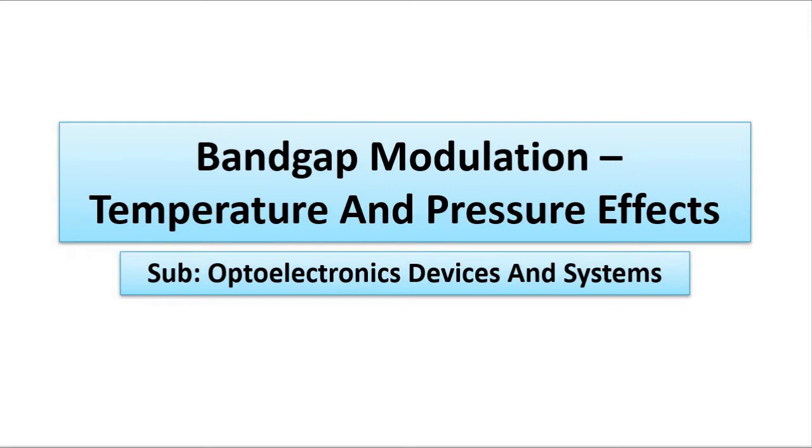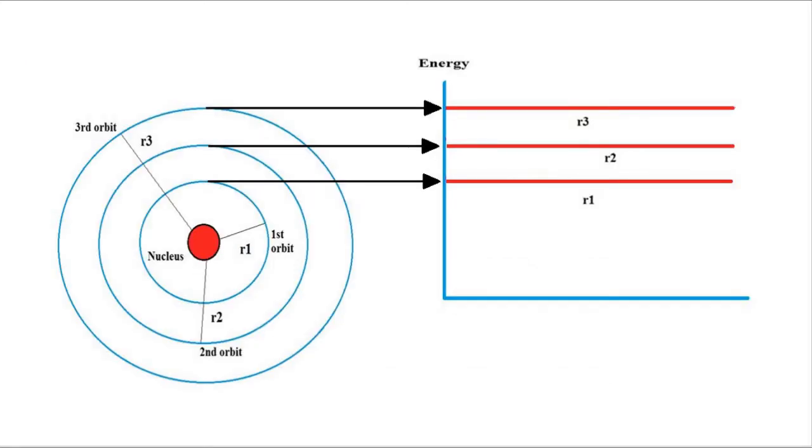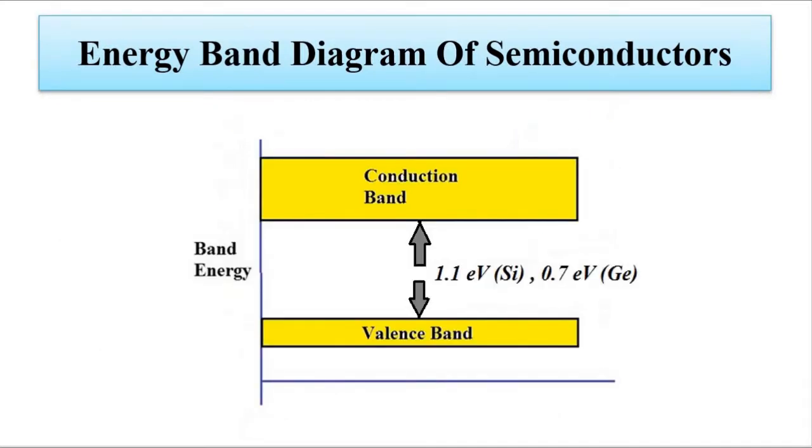Before we go into detail about this, we know that band gap or forbidden energy gap is the energy difference between the valence band and conduction band, where valence band is the energy associated with the outermost orbit, which is maximum, and that energy difference is called the forbidden energy gap. Why is this important?